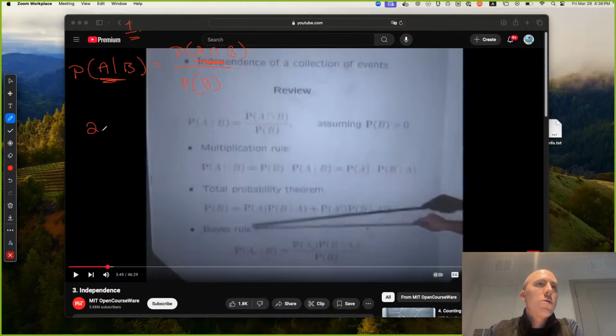Now step two: what's the probability of A intersect B?